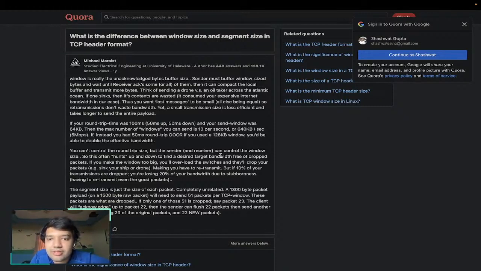Think of sending a drone versus an oil tanker across the Atlantic Ocean.